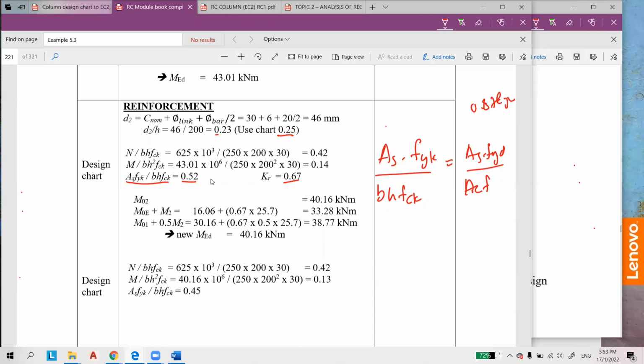So you must redo the calculations, and then you get the Kr 0.67.